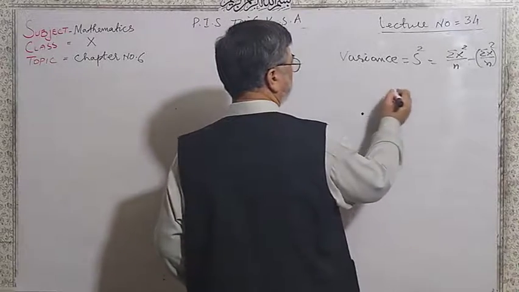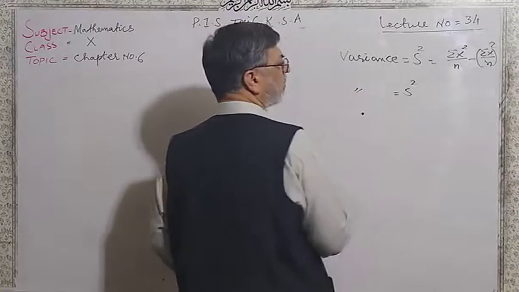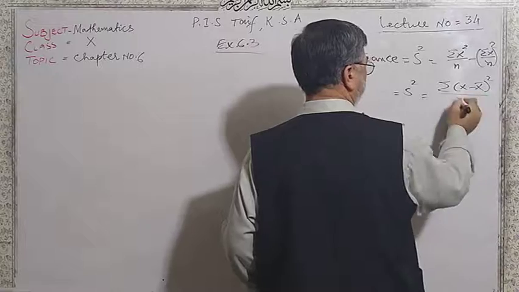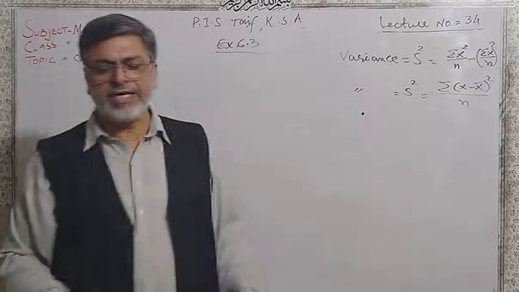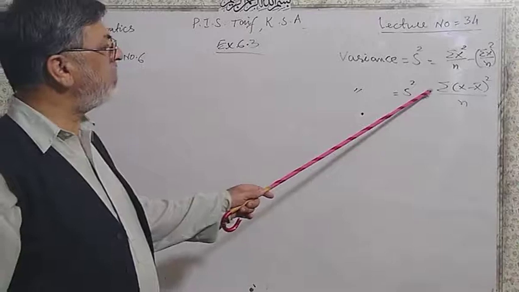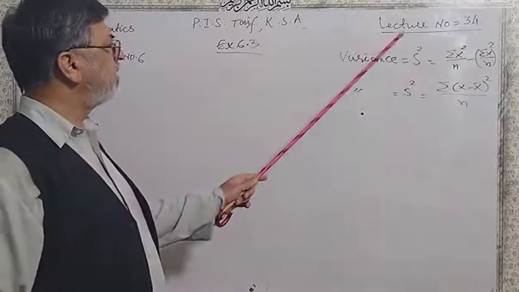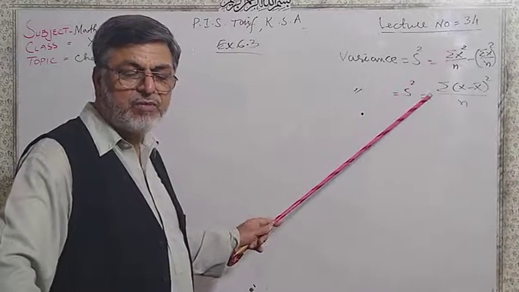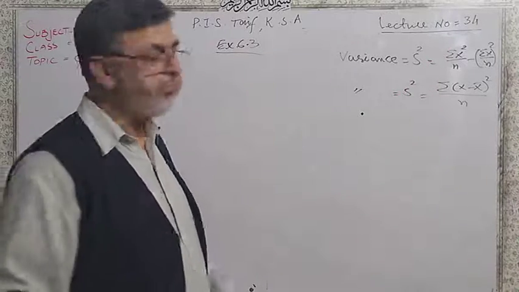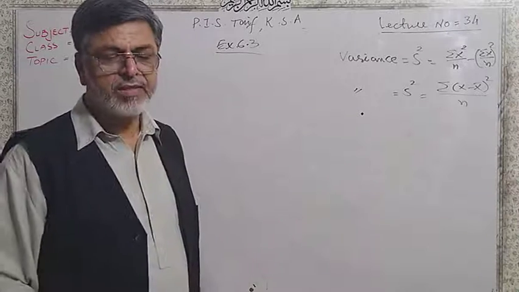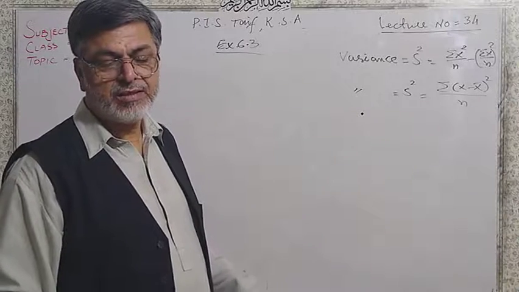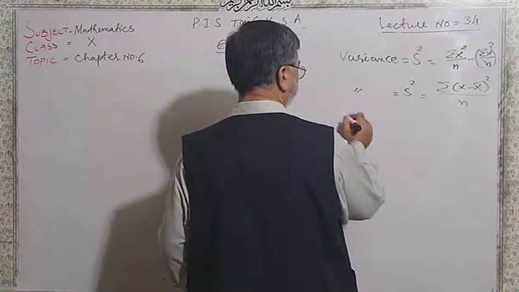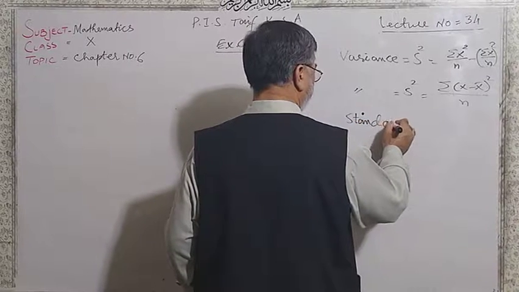After that, variance is also sigma x minus x bar whole square over n. This is known as proper mean formula. Remember that the first is the formula of variance, that is direct method, and this formula is known as proper mean formula. And also standard deviation.